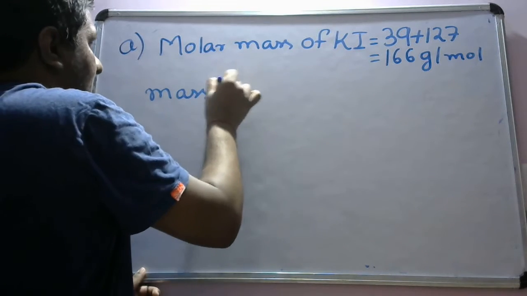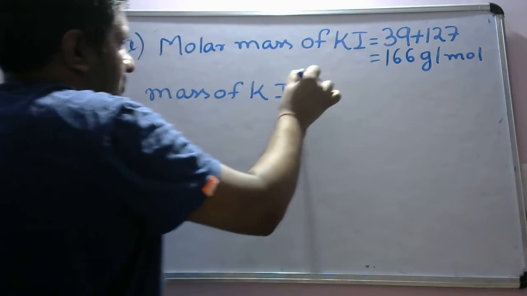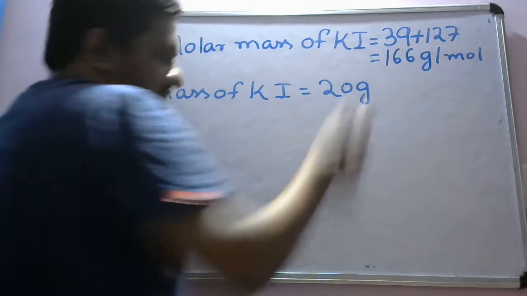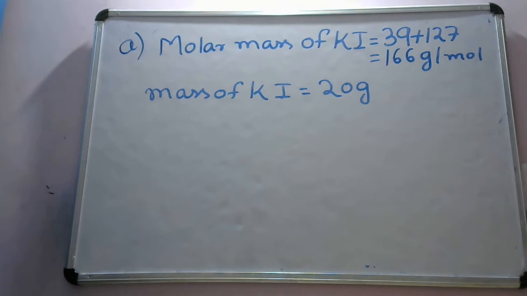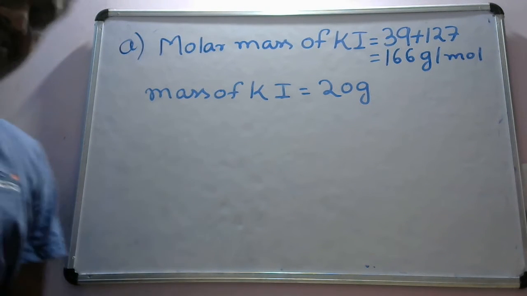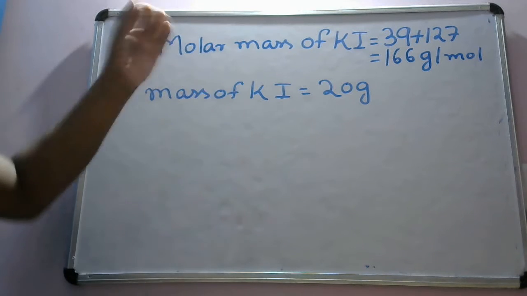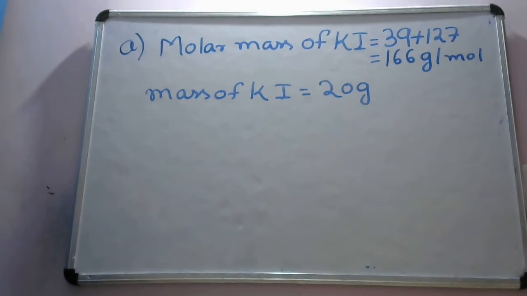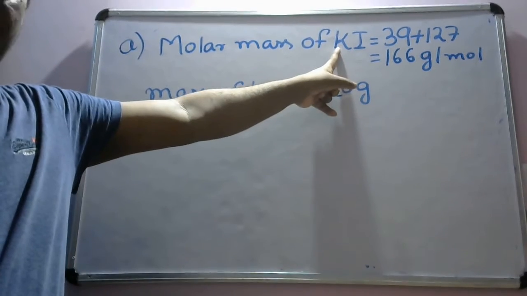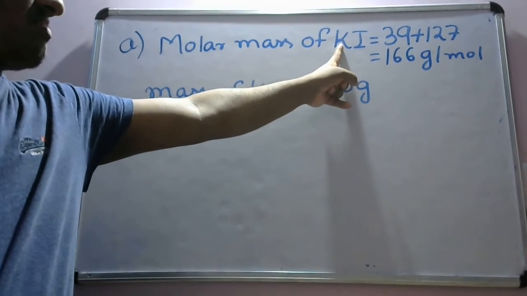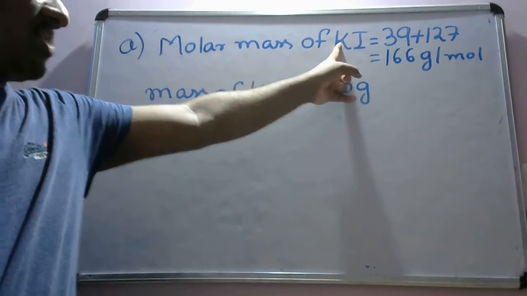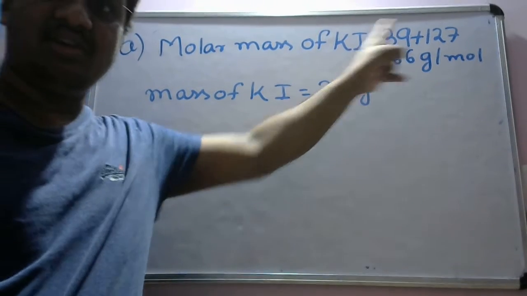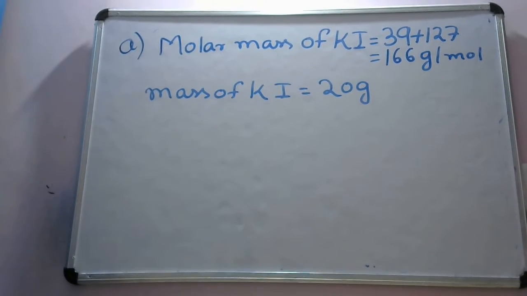Mass of KI we already have, that is 20 grams, which we already concluded in the previous discussion. 20% mass by mass KI means 20 grams of KI. So mass of solute, that is KI, is already there with us. Molar mass we found out just now, that is molecular mass, the sum of atomic masses: atomic mass of potassium 39, atomic mass of iodine 127.